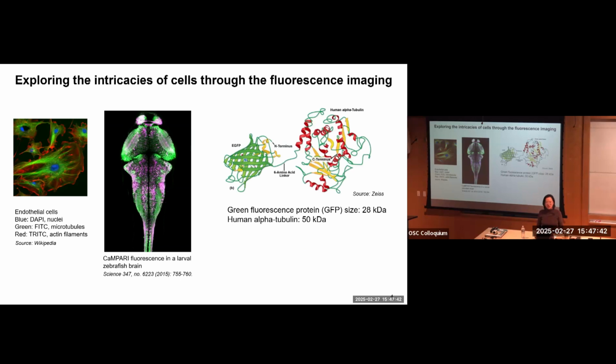However, fluorescence imaging requires labeling, and the labels are typically pretty bulky. For example, if our target protein is human alpha tubulin, as shown here, to visualize that, we will genetically fuse it with a fluorescent protein, here the green fluorescent protein. As you can see, the label here is almost half the size of your target protein.